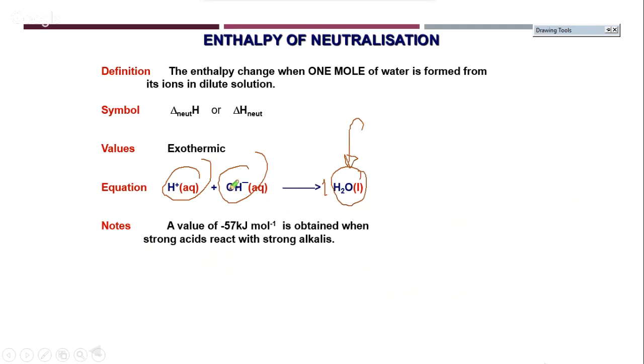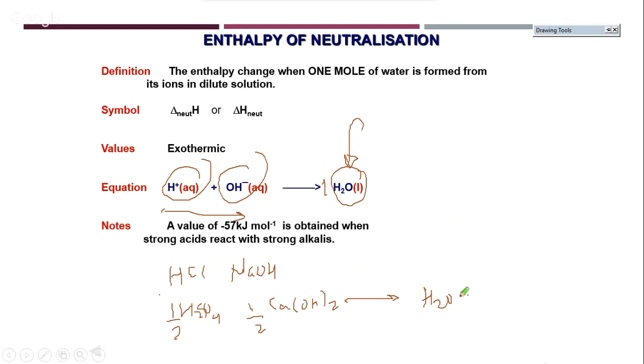So water has to be 1 mole, whether it is formed from H plus and OH minus, or you take HCl and NaOH, or you take half of H2SO4 and half of Ca(OH)2. All that is irrelevant. At the end of the reaction, you have to have H2O. If a salt is formed, that is okay, but 1 mole of H2O is very important. If 1 mole of H2O is formed, that is what we call enthalpy of neutralization.